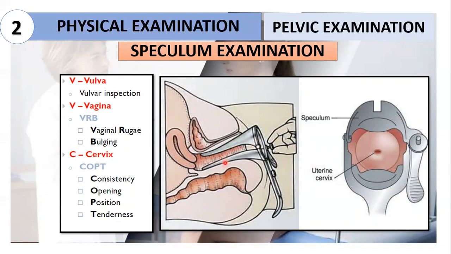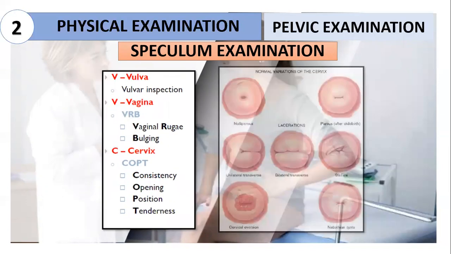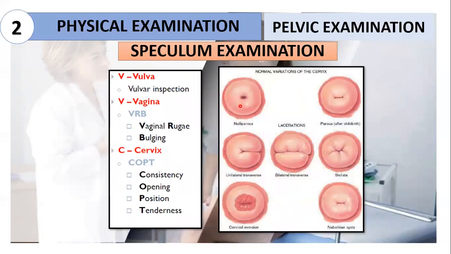What should you expect to see upon speculum examination? For a nulliparous patient, or patients that did not have any pregnancy before, it would be a pinpoint cervical os, while for those parous, or patients who already had birth before, the cervical os would be fish mouth, and this is how it looks like.